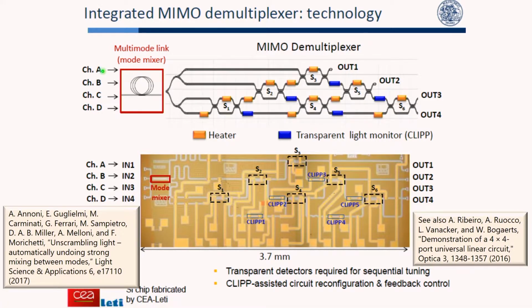But they had put identifying tones on each of these input fibers, and by using those tones to pull out specific inputs when configuring using these detectors, they were able to separate out all of the beams again, even though they were completely mixed here. And incidentally, if they changed the multimode mixing here by heating up this multimode mixer, the system would reconfigure automatically to separate the beams out again.